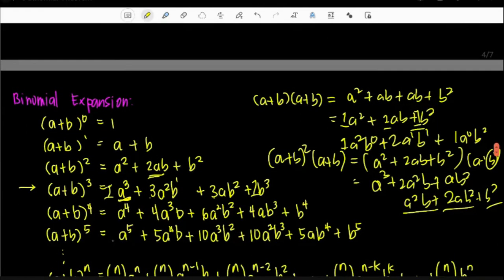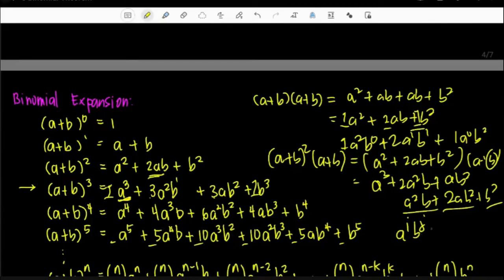So you have the coefficients 1, 5, 10, 10, 5, 1. And then you add the powers a^i, b^j, right? Where i starts from 5 and then reduces by 1 every term.